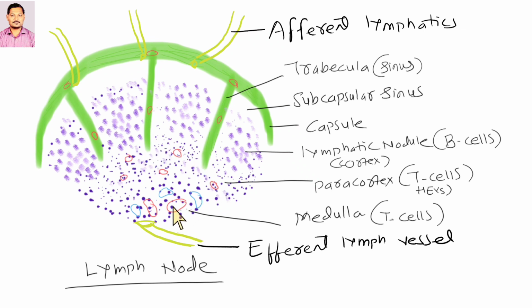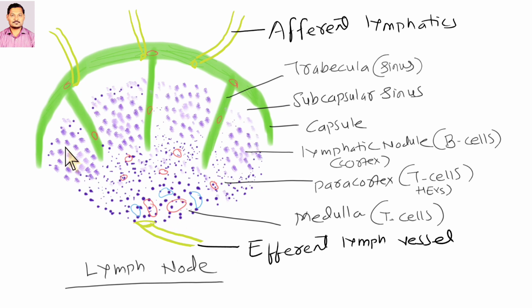And these blood vessels in the medulla, you call them the blood vessels. The blood capillaries are entering and exiting through the lymph node at the hilum of the lymph node, and one efferent lymph vessel will always take care of whatever is coming inside, going out through the efferent lymphatic vessel.